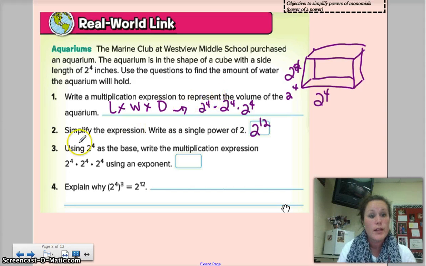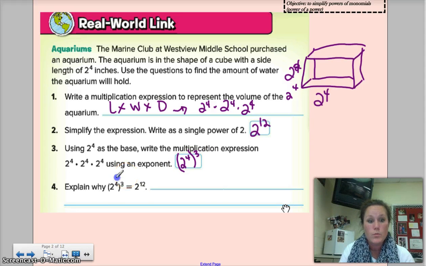Okay, so then it says, using 2 to the 4th as a base, write a multiplication expression, 2 to the 4th, 2 to the 4th, 2 to the 4th, using an exponent. So if I have 3 2 to the 4ths, that's my common base. So I would write 2 to the 4th, put it in parentheses, and how many times am I multiplying that? 3 times. So I'm going to raise that to the 3rd power, which is what you see here.